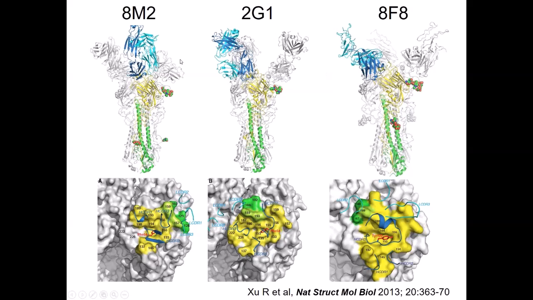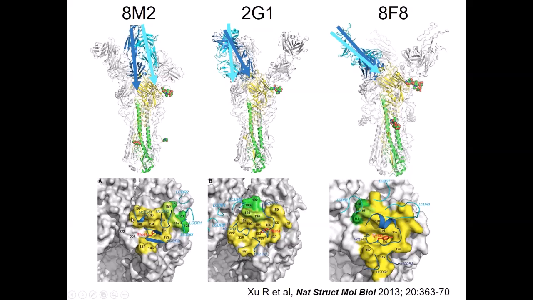And they all bind at the top. They bind to the receptor binding domain, which is why they have hemagglutination inhibition activity, which is blocking sialic acid. So they all sort of look the same, if you stand back and look at them. But if you indicate the alignment of the axis of the heavy chain and the light chain, you see that they're actually coming in three different orientations.